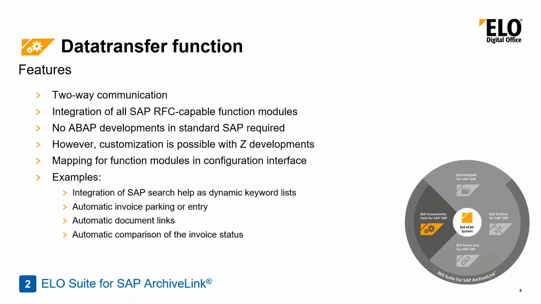For example, if we post an accounting document from ELO into SAP, we, for example, get error messages back and can handle these directly in ELO. So, for example, if the account doesn't exist that was entered, an according message would come back through the function, and you could show it on an ELO form, for example.